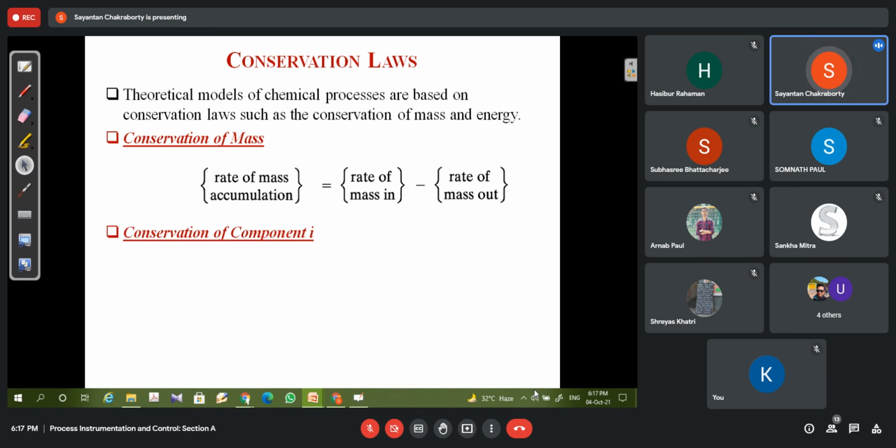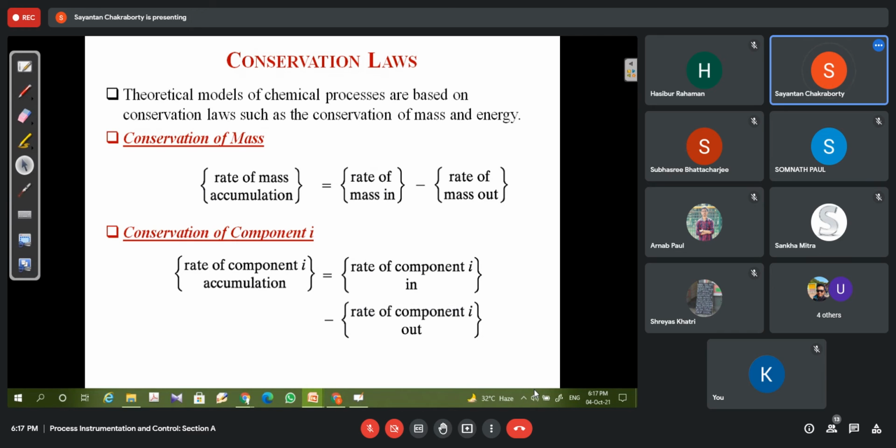And conservation of component, say I: rate of component I accumulation is equal to the rate of component I in the inlet minus the out rate, or the outlet rate, of component I. But there will be another term, that is the rate of component I produced, because we are dealing with a chemical process.